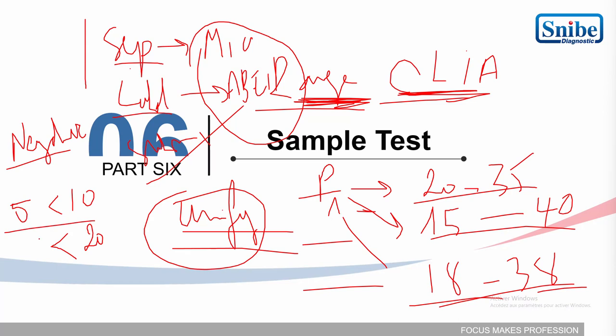It is okay. For the same sample, we obtain 15 for the second manufacturer. Here also it is negative. So the result is okay between them because for both of them it is negative.